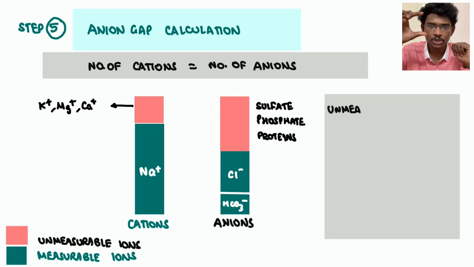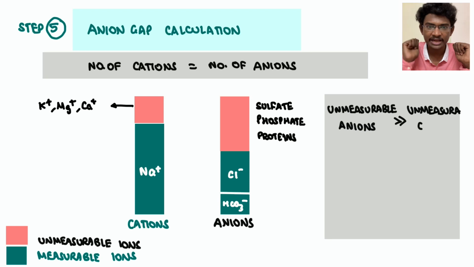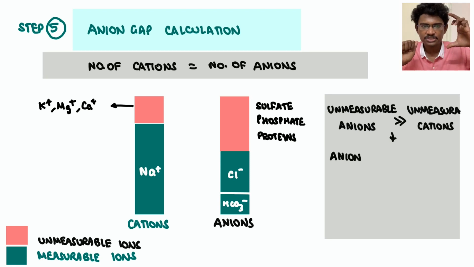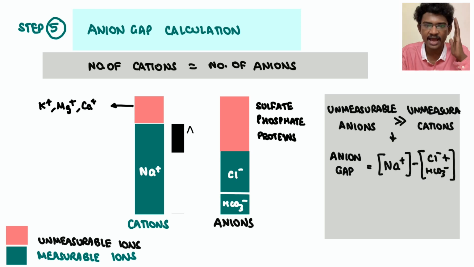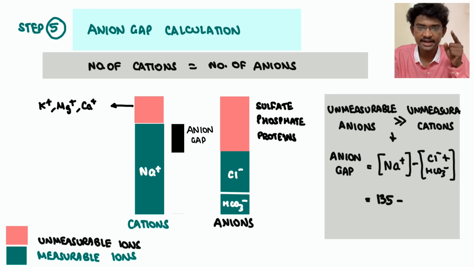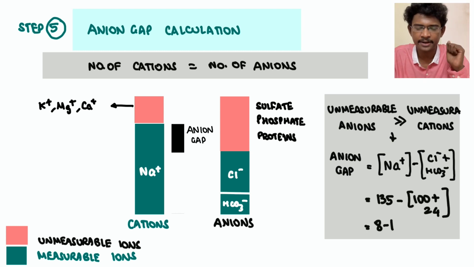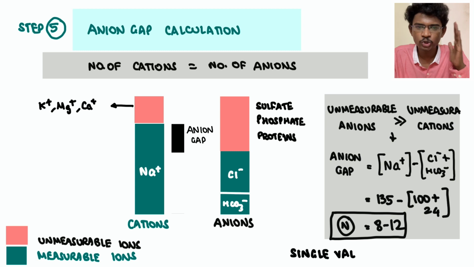So this constitutes the gap, the anion gap. How to calculate this? Take the sodium value, from that subtract chloride and bicarb value, and you will get this gap, which is the anion gap, indicated as black in that diagram. So normal will be 8 to 12, single value 12.